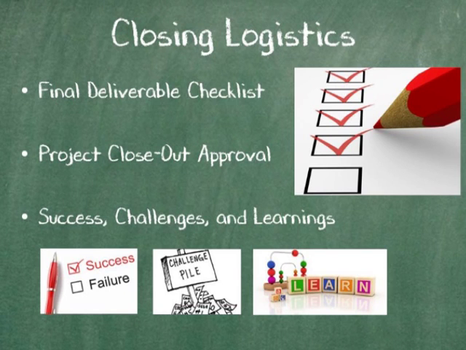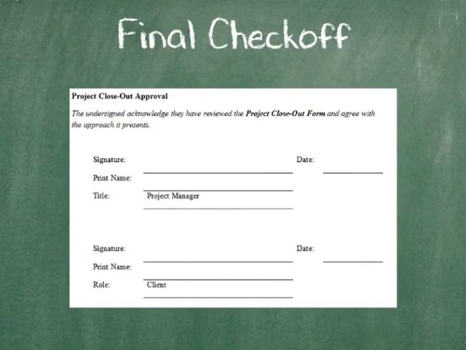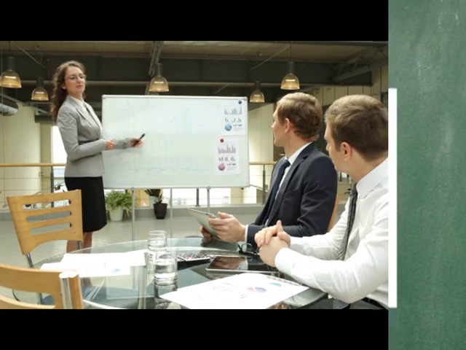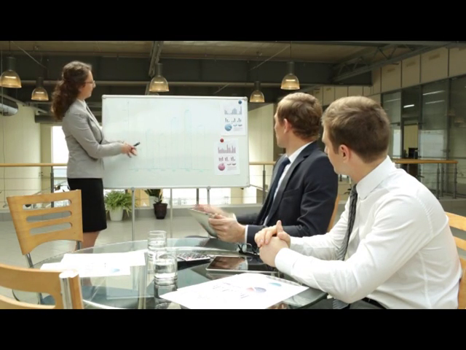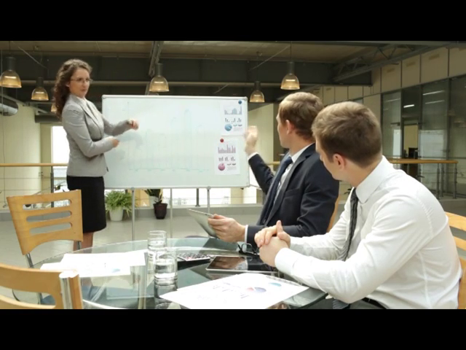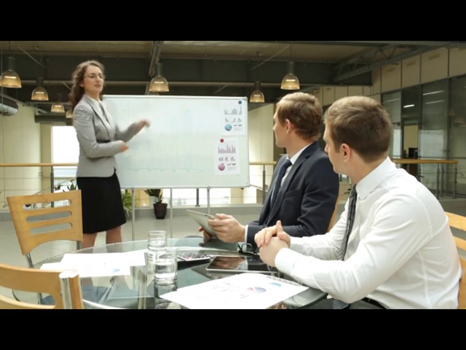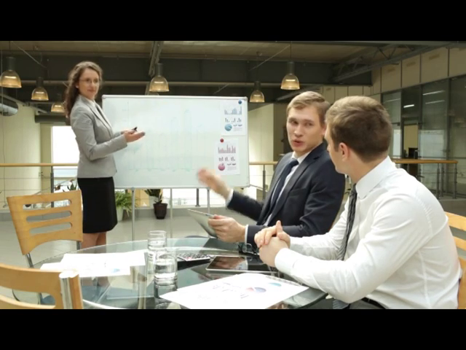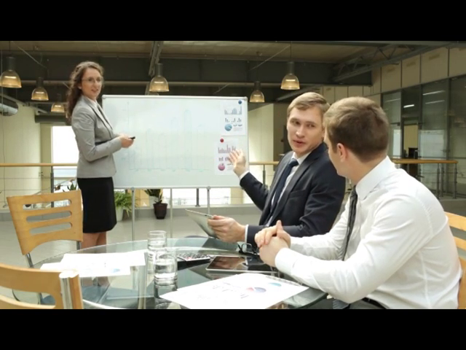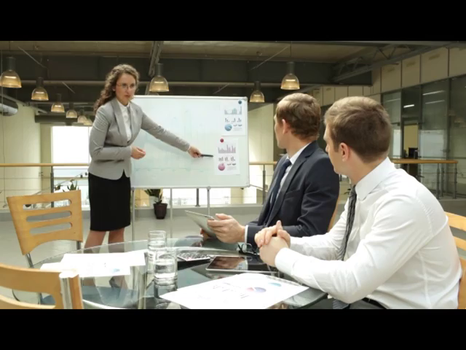Once that final deliverable checklist is completed, as seen here, a final checkoff from the manager and the client is required, or is a good idea to have, to make sure that everybody knows that the project is finished. At this point, you can talk about the successes and challenges of this project with the team and the client and determine learnings for future project management plans.